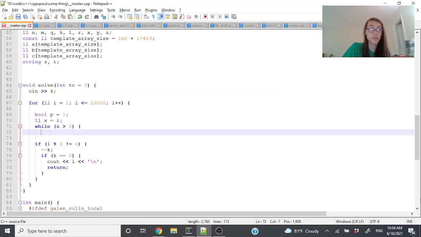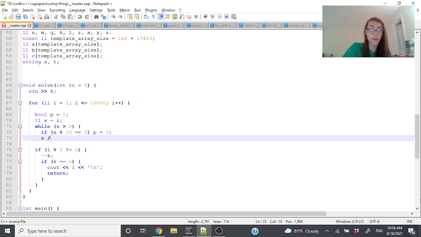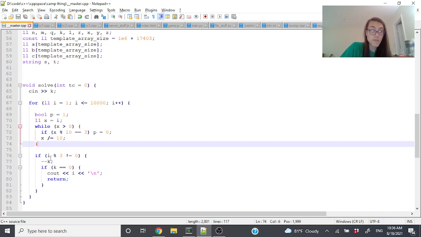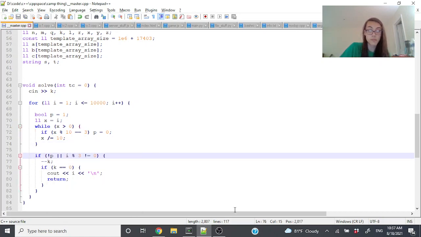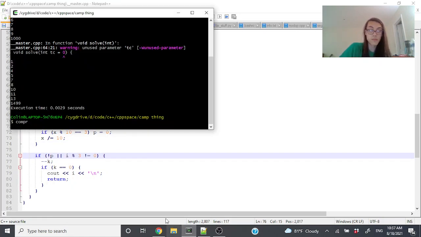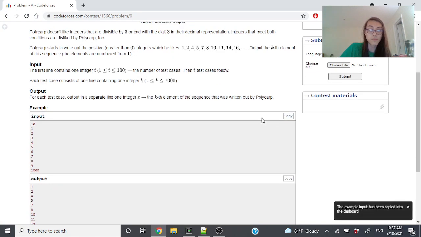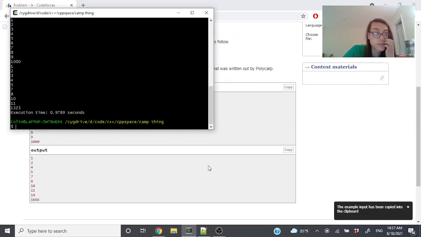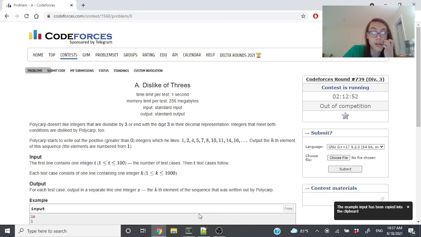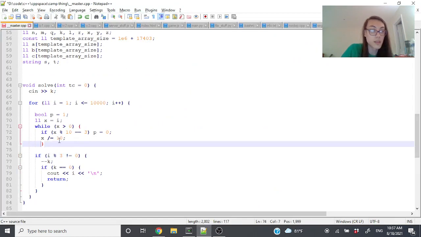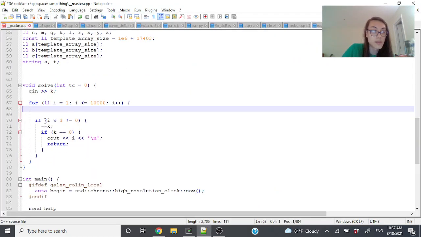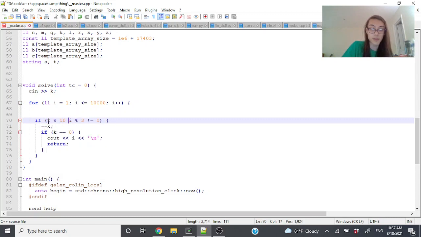X greater than 0. If x mod 10 is equal to 3, pos is equal to 0. What? Okay, why am I doing this? I just need to read the problem.